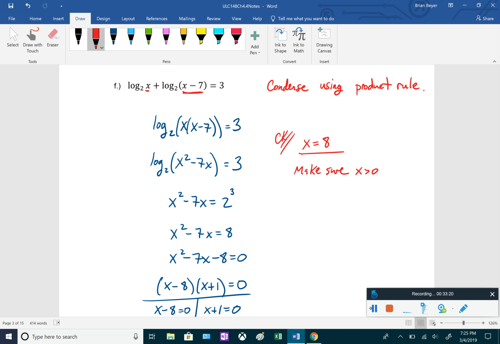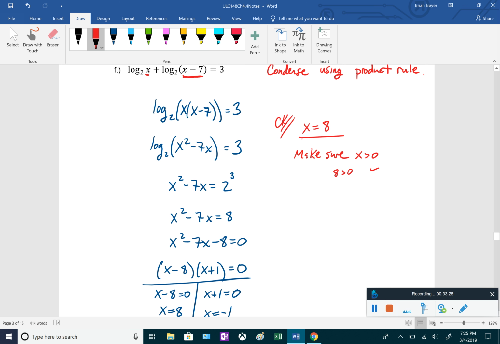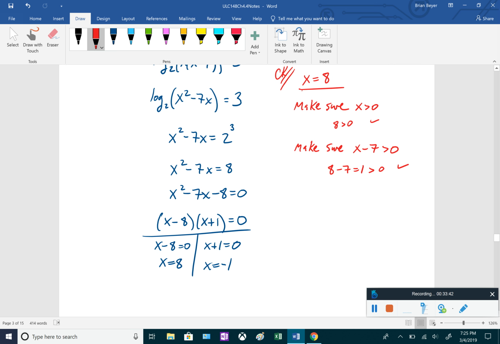That's the first one here. For this one, it's just 8, so obviously 8 is positive, so we're good. And then we also have to make sure x minus 7 is positive. So x minus 7, that's 8 minus 7, which is 1, which is positive, so we're good for that one. And now let's check x equals negative 1.